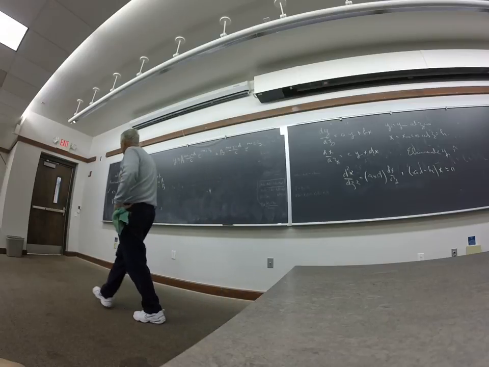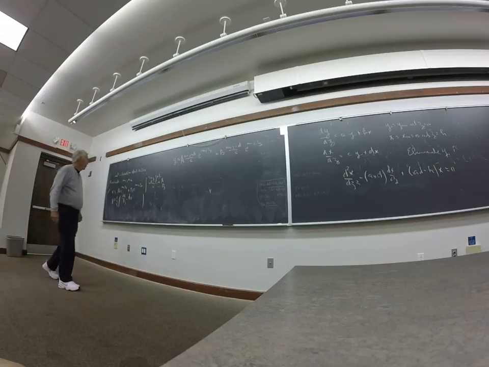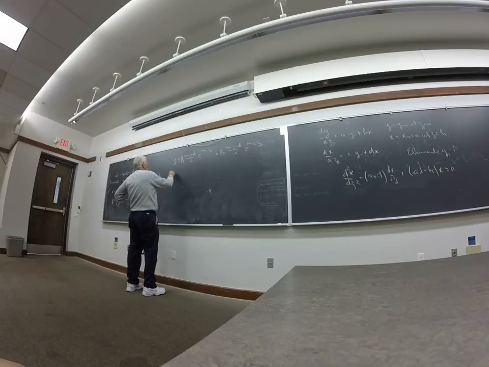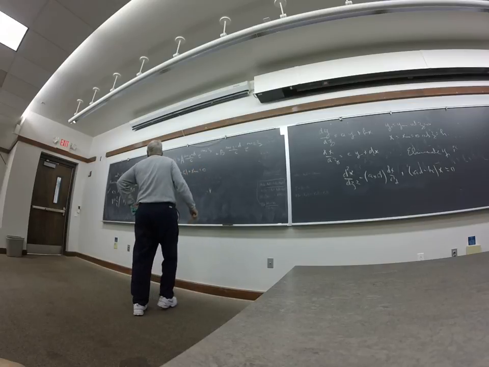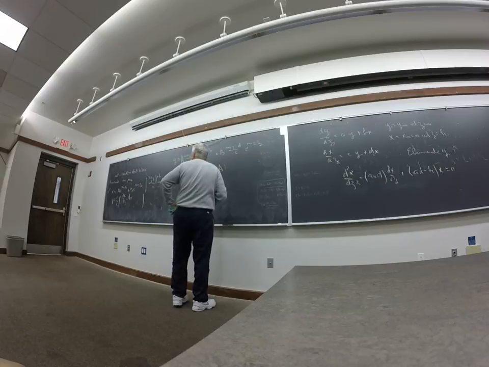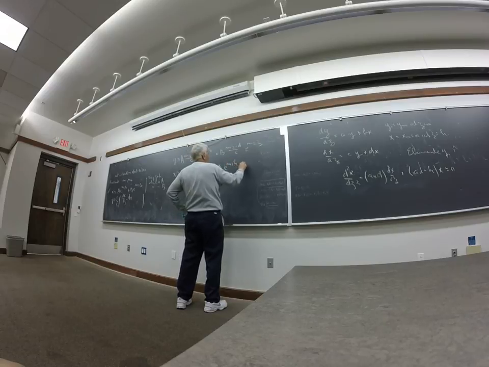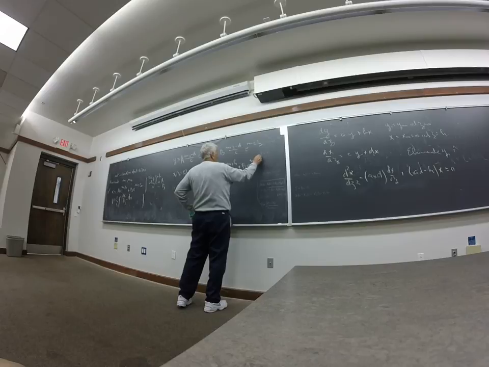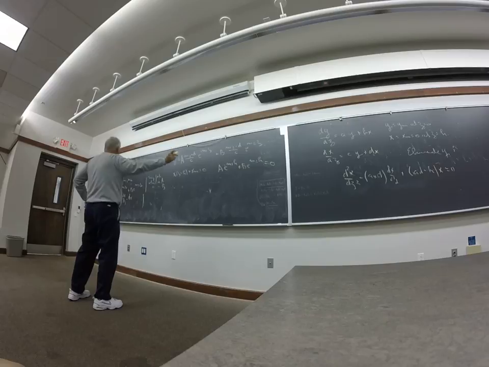If I knew the constants A and B, I would have them. I have two boundary conditions. One of them is that x at z equal to h is x in, which is 0. That tells me A e to the m1h plus B e to the m2h equals 0. This is one equation in A and B.